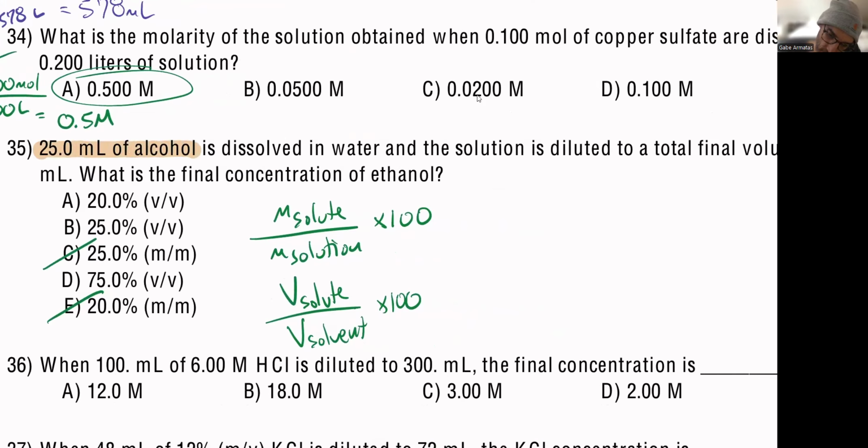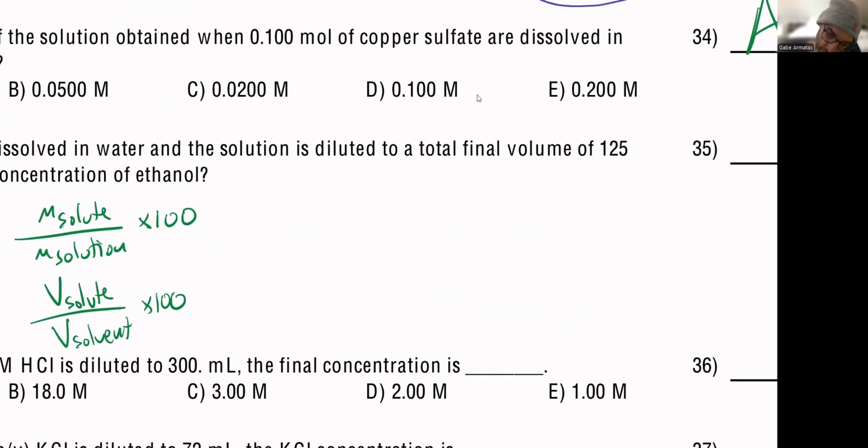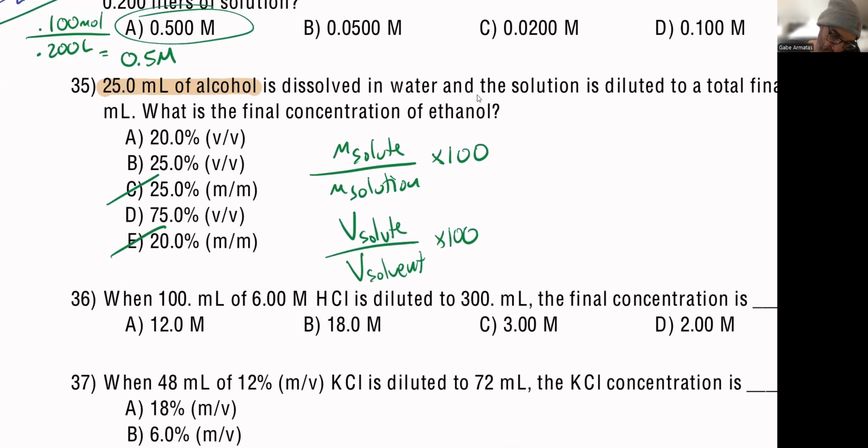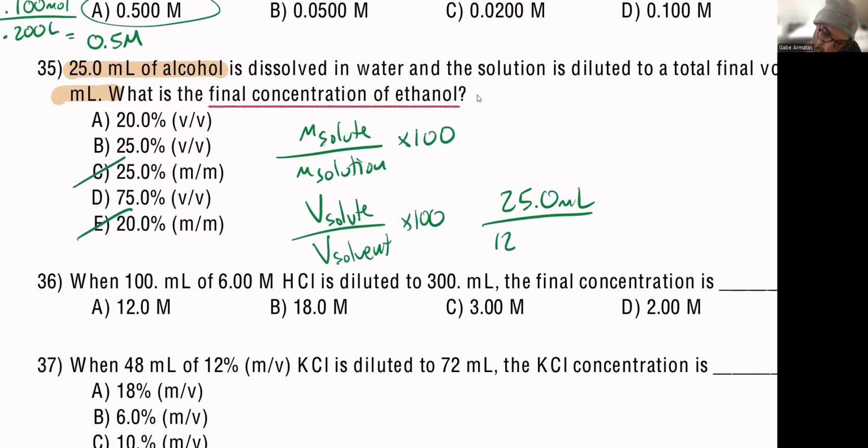25 mils of alcohol is dissolved in water. And the final volume of 125 mils is the final volume. What is the final concentration is the question. Okay, we can do this. So volume of solute is 25.0 milliliters divided by 125 milliliters times 100.